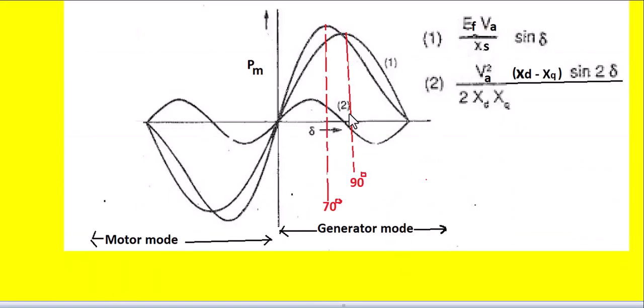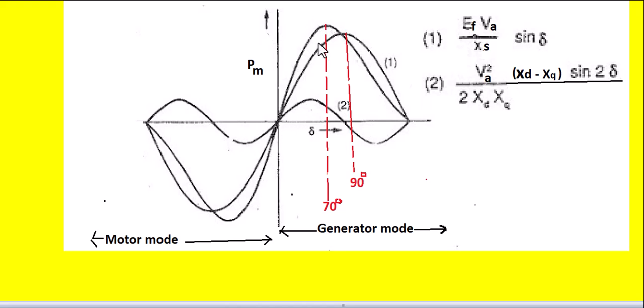And once the power angle curves are drawn, this is the delta, this is the P, and it is observed that curve 1 belongs to the synchronous motor, and the second curve belongs to the reluctance motor, and the resultant of these two curves is like this.